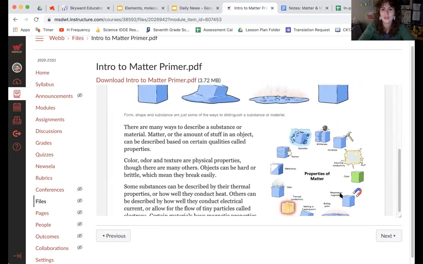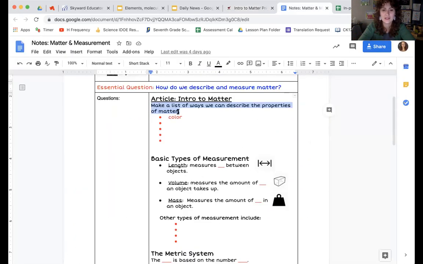And while you're reading, you're going to fill out just the top section. And I already gave you one property of matter is color. So as you look around your room, you can see matter that's many different colors: invisible, black, white, yellow, brown, green, silver. All of those are properties of matter. That's the color.